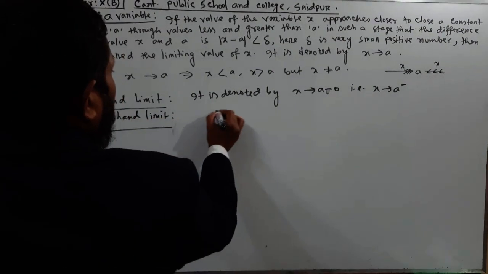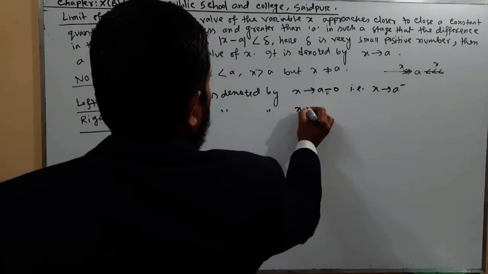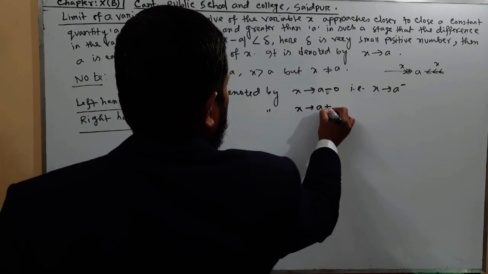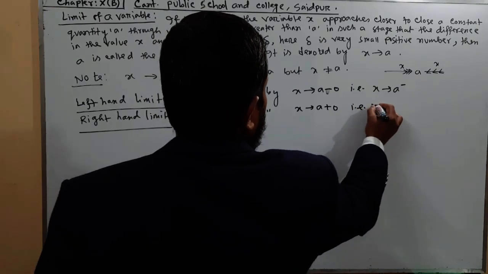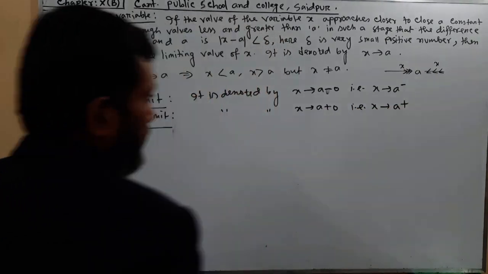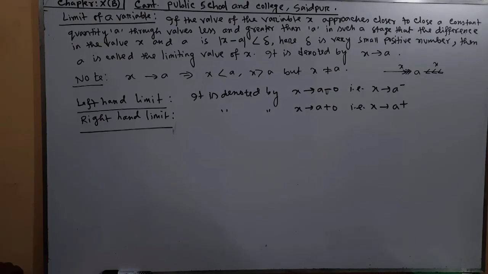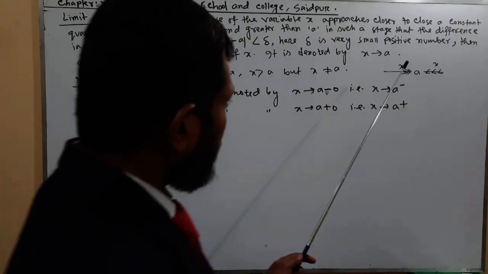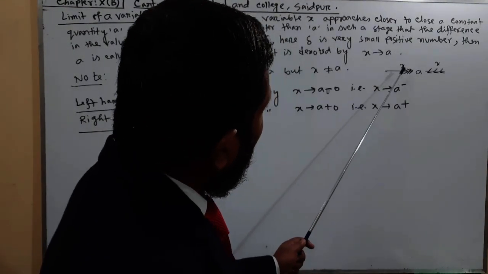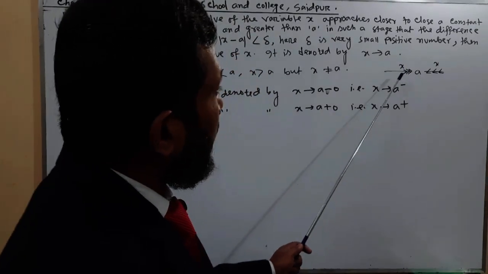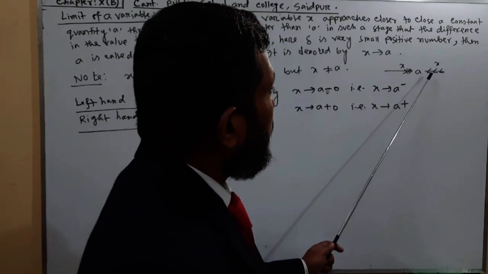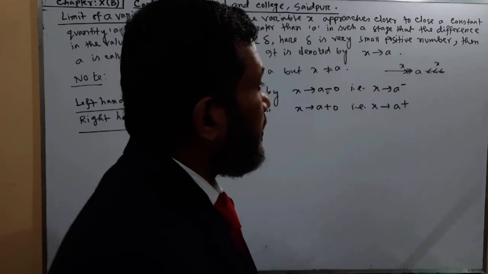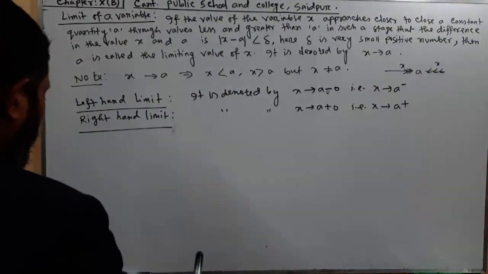It is denoted by x tends to a plus 0. The values of x less than a give the left hand limit, and the values greater than a give the right hand limit.